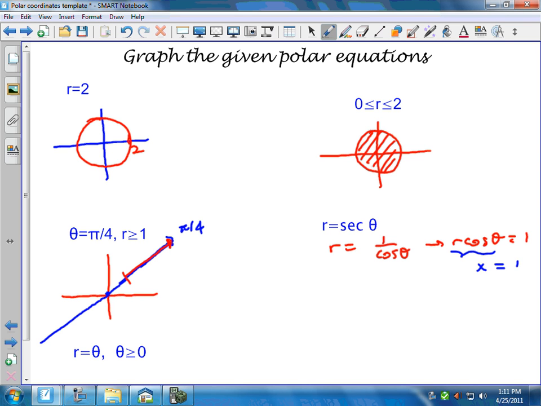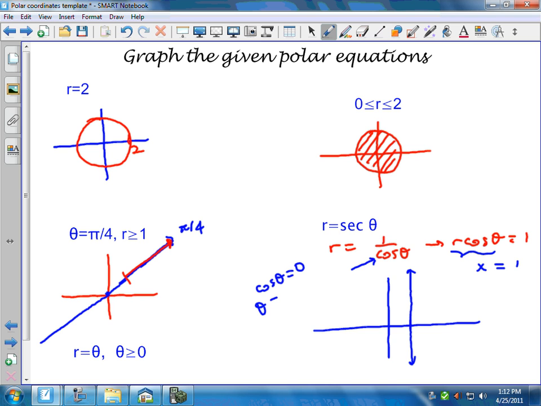What kind of a graph is x equals 1? X equals 1 is a straight line, a vertical line, right? Except that this line is going to have a lot of little dots that are holes, because the original one is not defined at which values? Anytime cosine theta is 0, this is not defined, right? And when is cosine theta 0?